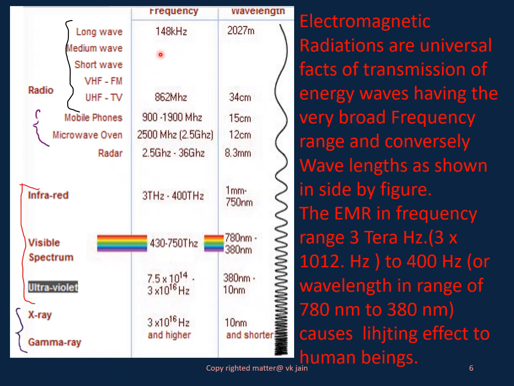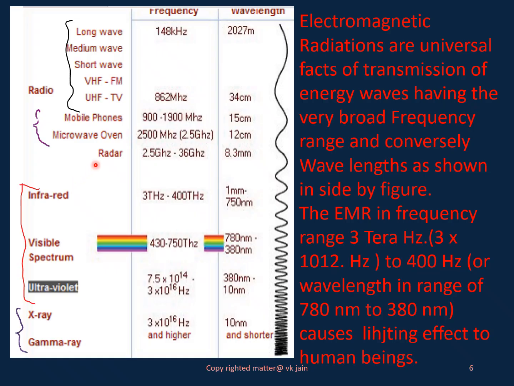So this column gives increasing frequencies, and this column gives wavelength in reducing length. So anything happening here is reversed here.